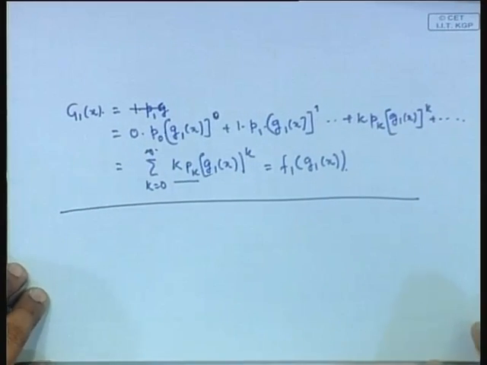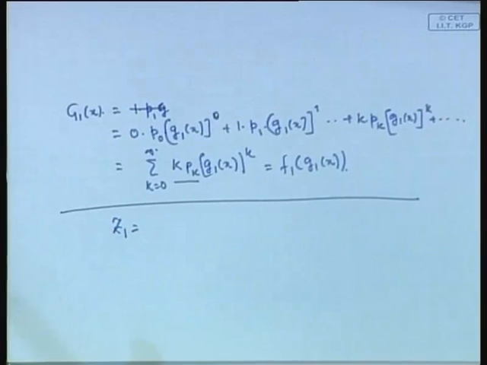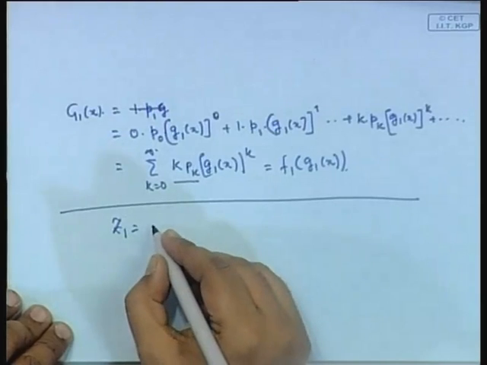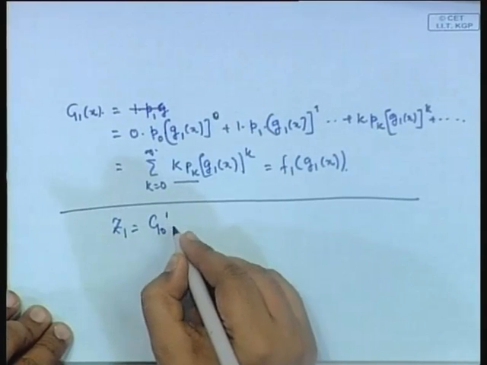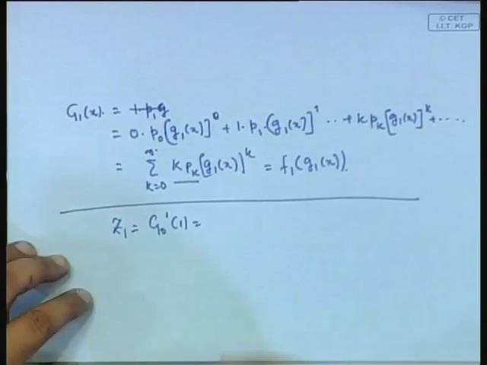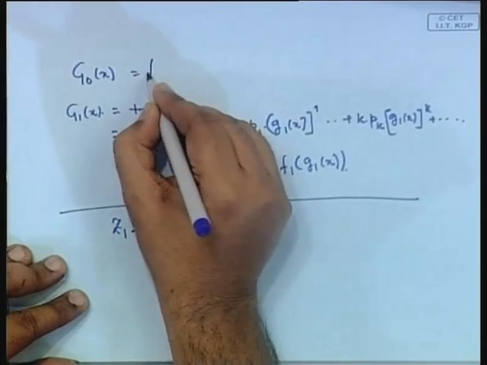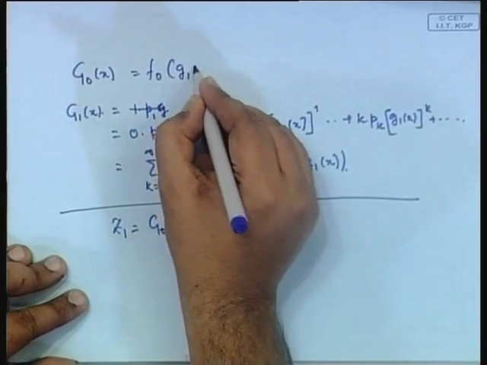Good. So, now I want to find Z1. What is Z1? It is Z0 dash 1. So, what is G0? Let me write here, G0 x is F0 G1 x.